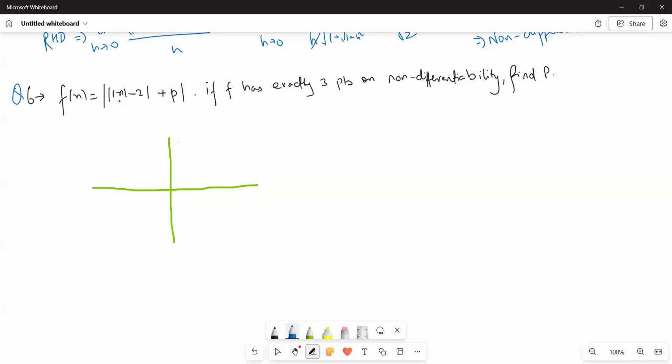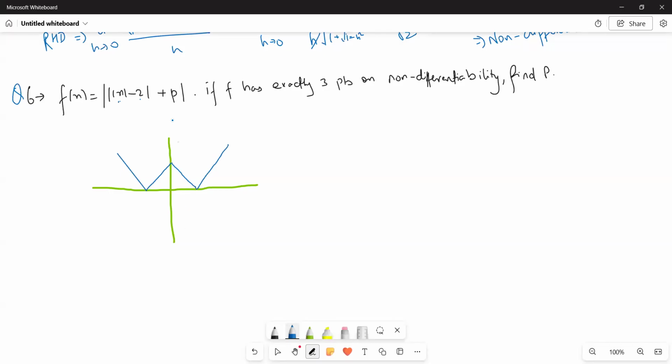So mod x is a V. Mod x minus 2 means the graph of mod x shifted 2 units downwards. Then again mod, so everything below the x-axis is reflected above the x-axis. Okay, that's done.